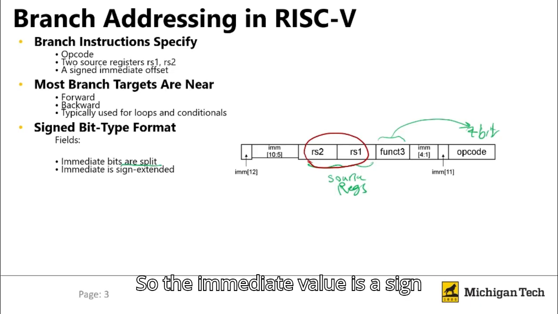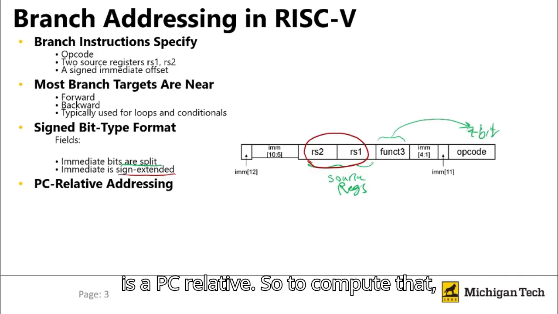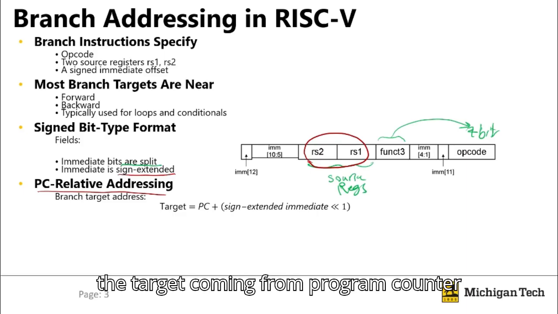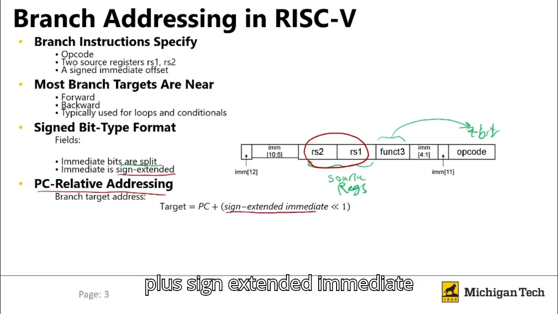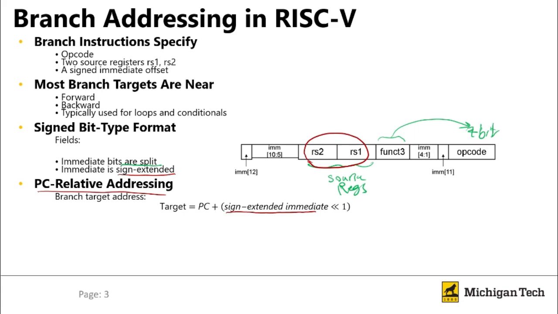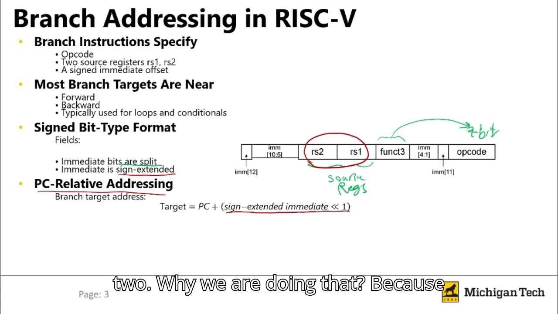So the immediate value is sign extended, of course, and the addressing is PC relative. So to compute that, the target comes from the program counter plus the sign extended immediate multiplied by 2. We shift that left 1 bit, so it means multiplying by 2. Why are we doing that?